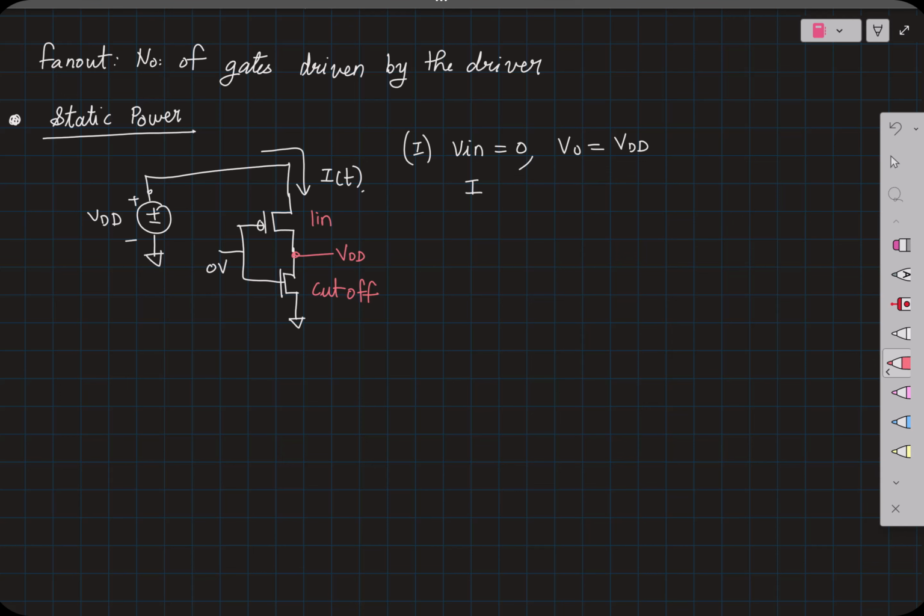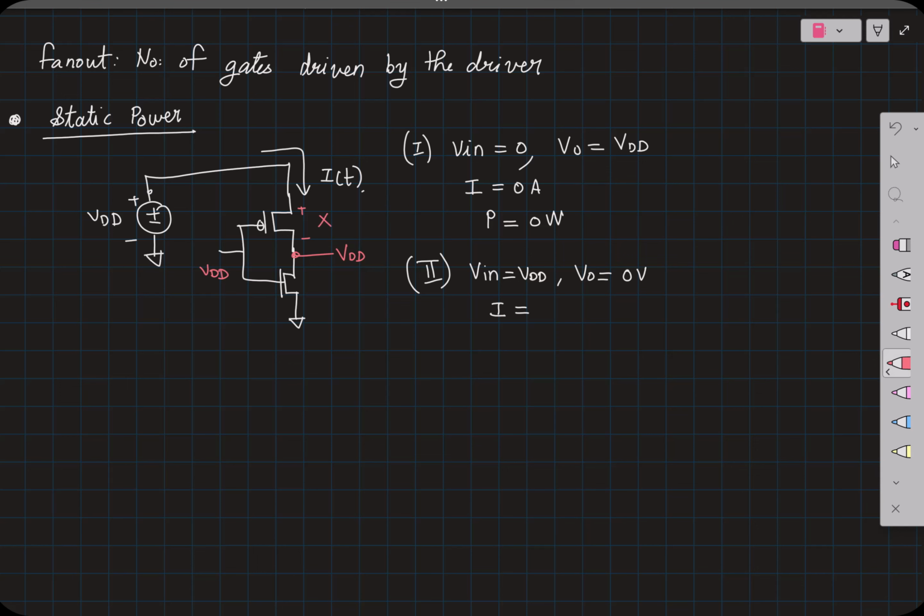Similarly, for Vin equal to VDD, my output is equal to 0 volts. What is the current? So now your input is at VDD. What is the region of operation of the PMOS transistor? This is in cutoff.